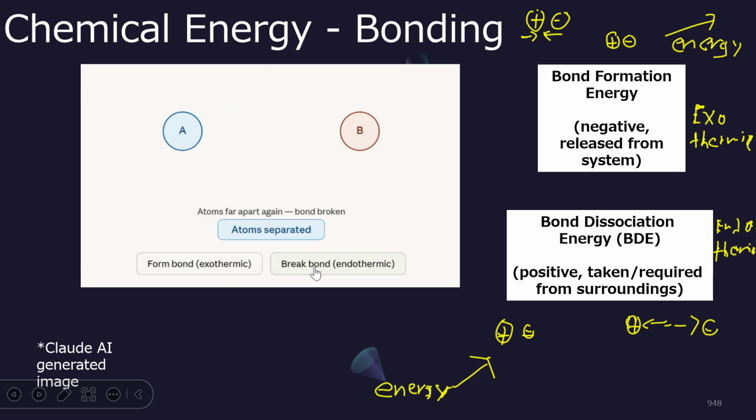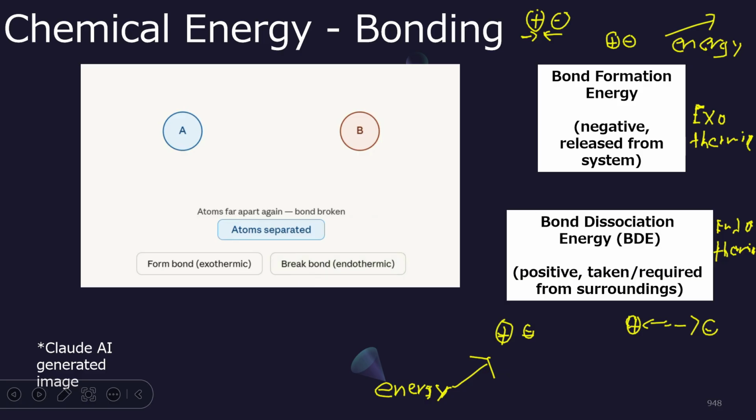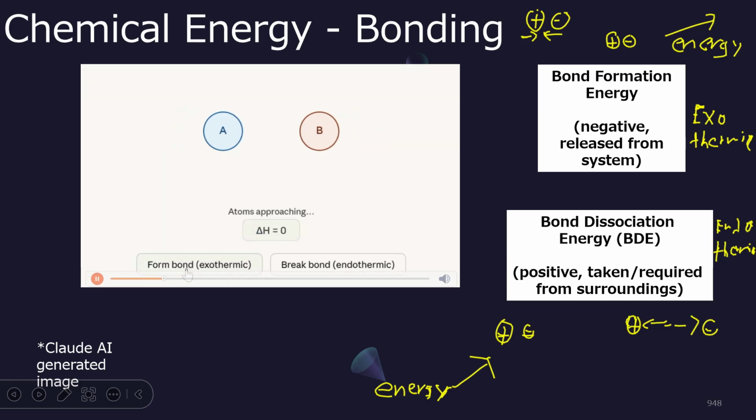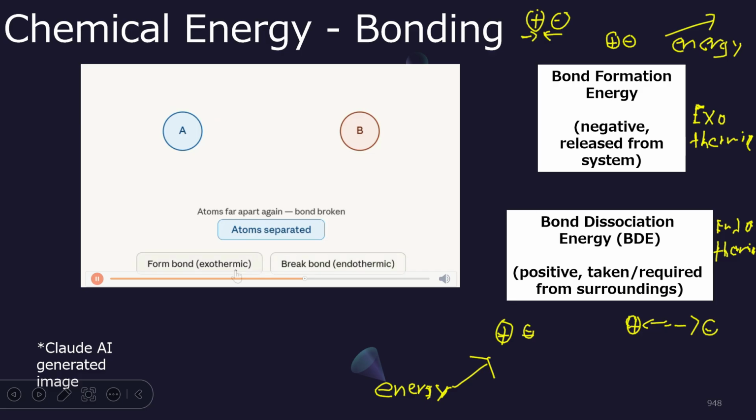We need to put energy in to get them back to the zero initial state. Break that bond, endothermic, form that bond, exothermic. Okay, one more time. Atoms are separated, come together, energy released. To separate them again, we need to put in energy and break that bond. Think of it that way. All right.